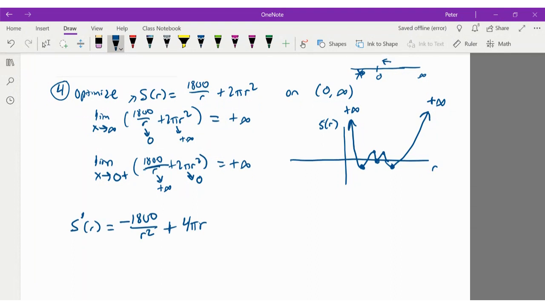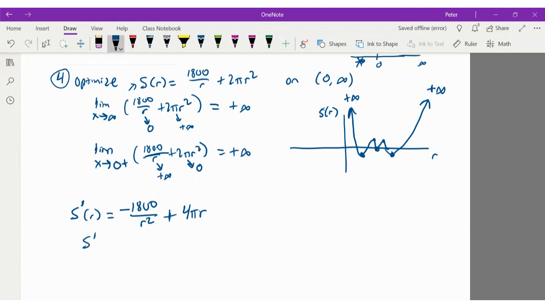And all I have to do is set S prime of r equal to 0. It implies that 4 pi r minus 1800 over r squared equals 0.